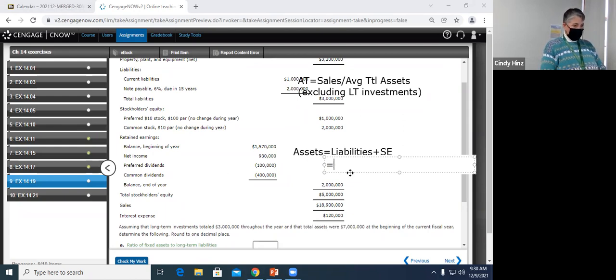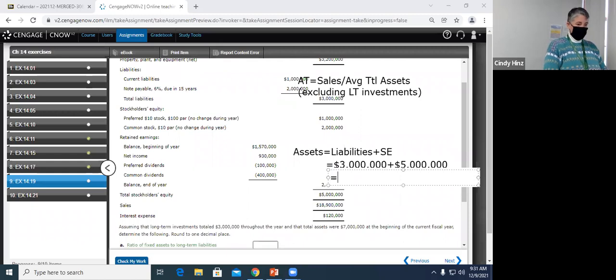Our total liabilities were 3 million. That's given right here. Our total equity was 5 million, and that's given right here. And so our total assets must have been $8 million at the end of the year.